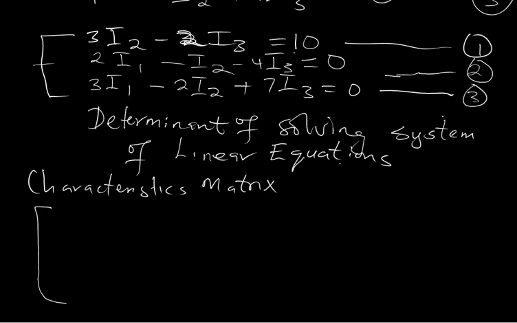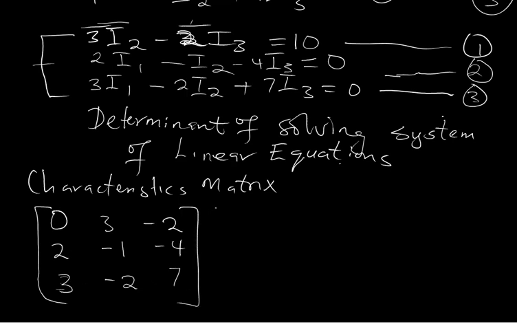Equation 1 doesn't have I1, so the coefficient of I1 is 0. The coefficient of I2 is 3, and the coefficient of I3 is -2. For equation 2, I have 2, -1, -4. Equation 3: 3, -2, then 7.